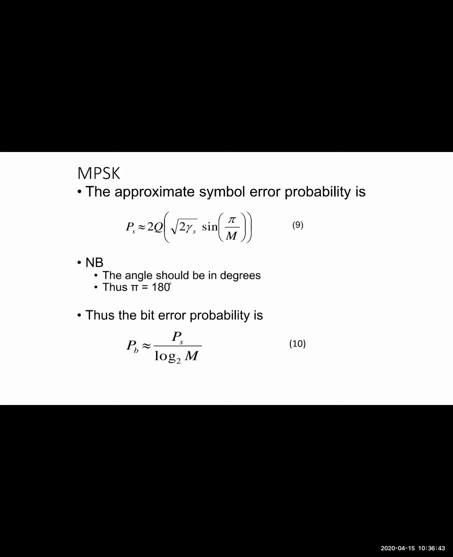What you need to understand is that the angle should be in what? Degrees. In this equation, the angle is supposed to be in degrees. That is, anytime you are working with this, your pi must be what? 180 degrees. And then equation 10 is what we're going to use to toggle between symbol and bits.